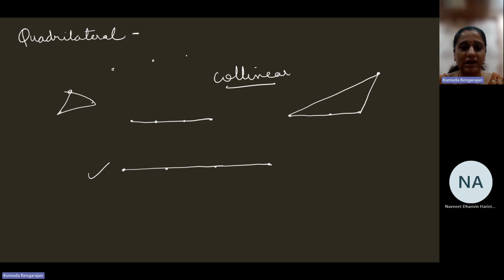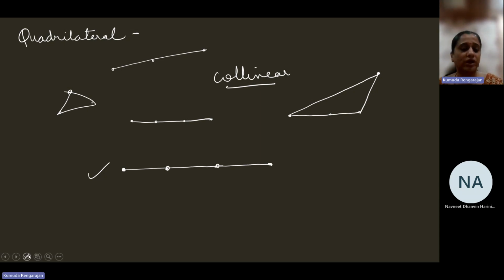Again, 3 points, if they're like this, no triangle is formed. Ma'am, it should not be on the same line. Yeah, correct. So if all the 3 points are collinear, no triangle is formed. For a quadrilateral, if all the 4 points are collinear, no quadrilateral is formed.